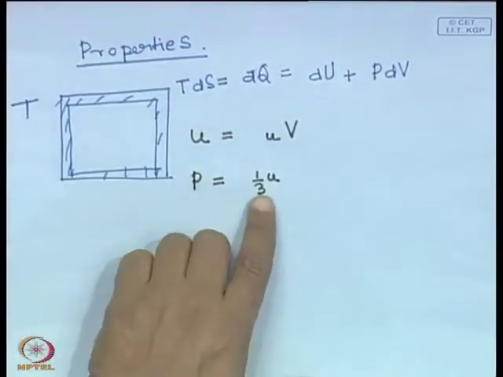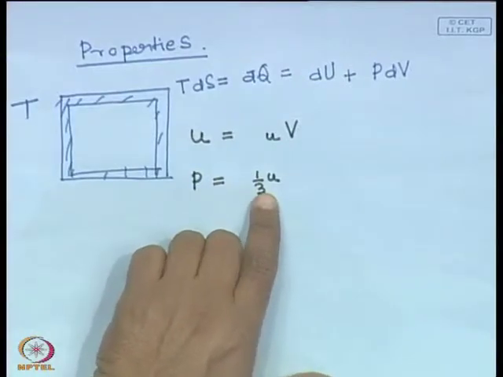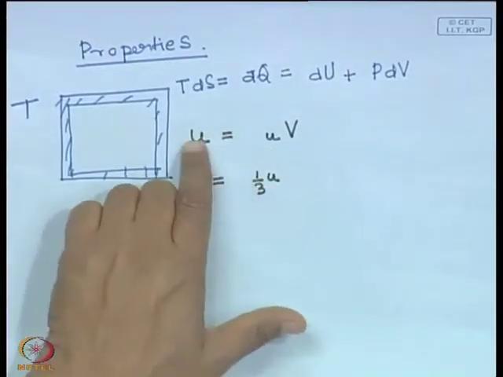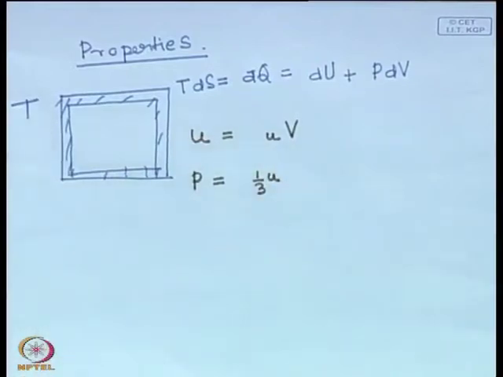This we have derived in the first lecture, and here we are writing the total internal energy in terms of the density into the volume.